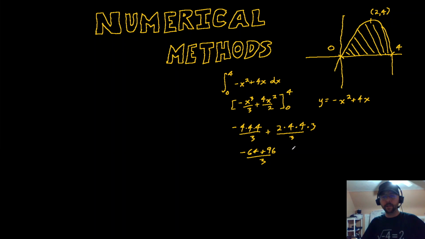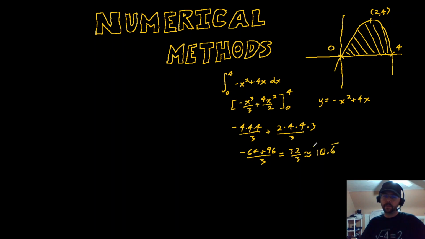This will be 32. The bigger is the positive. 32 over 3, which is approximately equal to 10. Oops, it was exactly equal to 10 and 2/3, which is approximately 10.6 repeating.